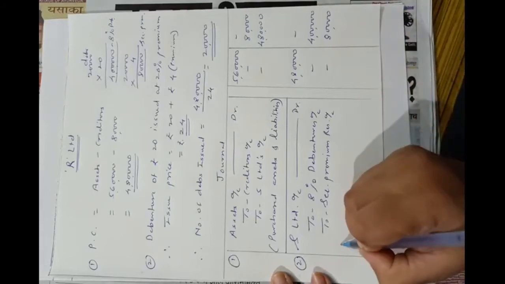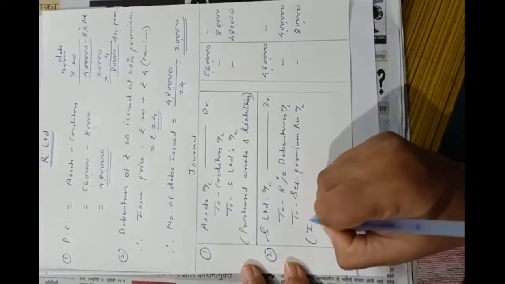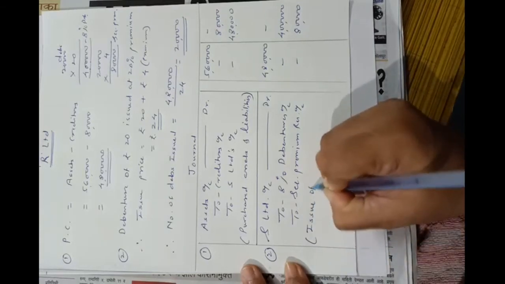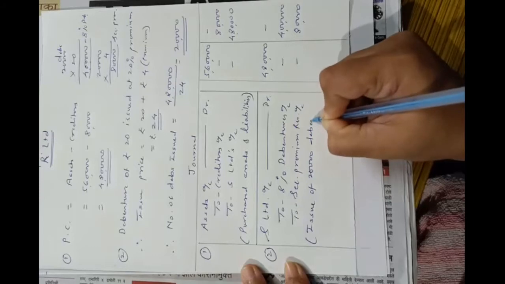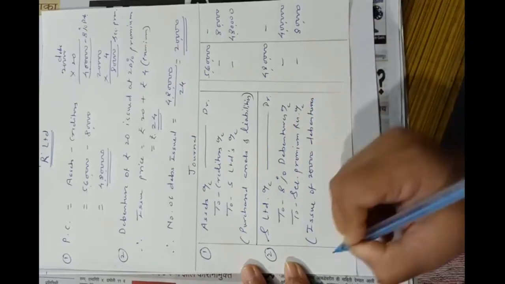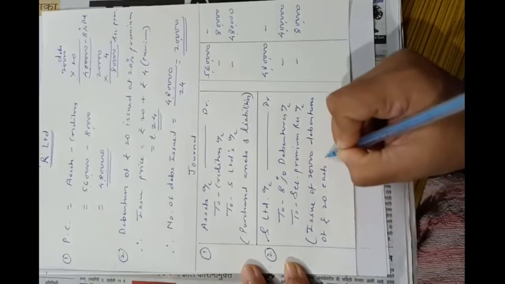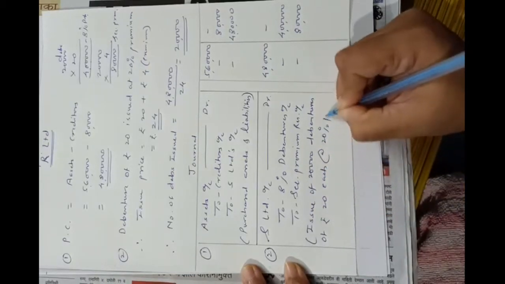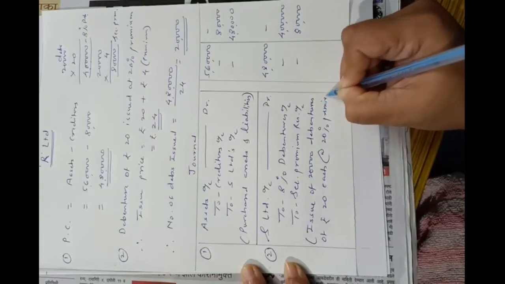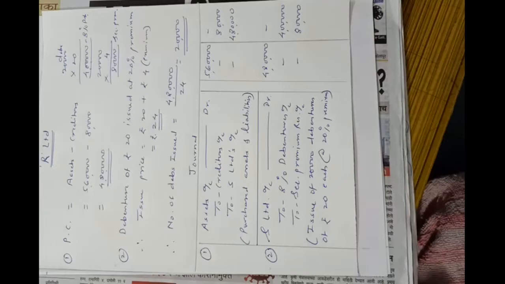Okay. So narration: issue of 20,000 debentures of rupees 20 each at 20% premium. This will be the narration. Okay.